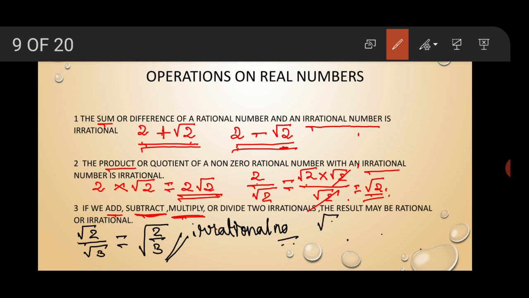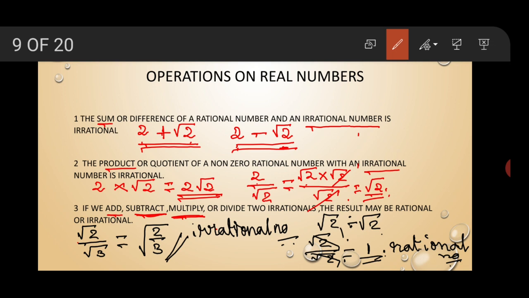Right. Now take one more example. Square root of 2 divided by square root of 2. What happens? It's cancelled. So the quotient is what? 1. What type of number is this? 1 is a rational number.